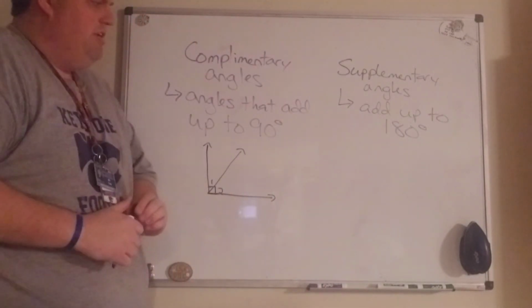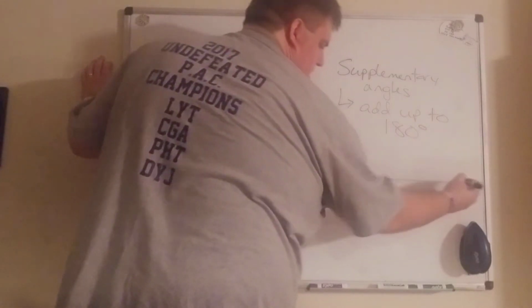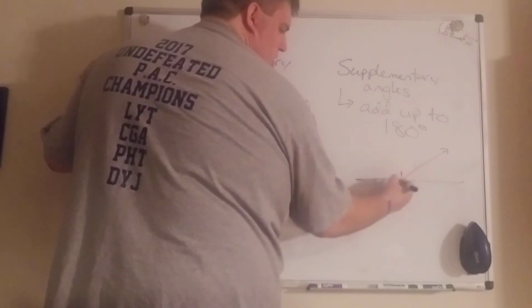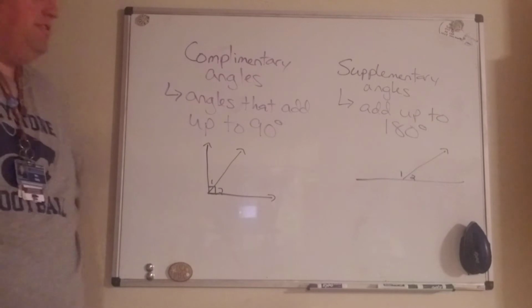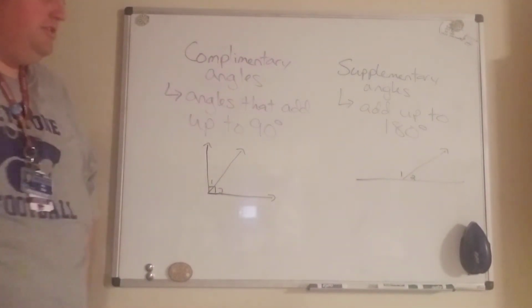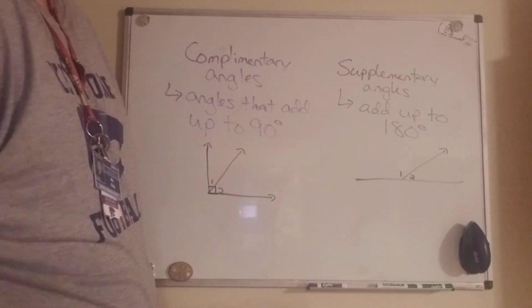So 180 degrees is a straight angle. It's like a straight line straight across like this. And then maybe we have something like that. And this is angle 1, and this is angle 2. And in that case, we would say that angle 1 and angle 2 are supplementary angles. All right, they are going to make a straight line.